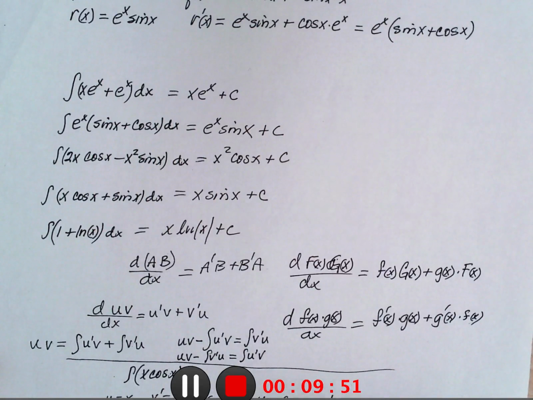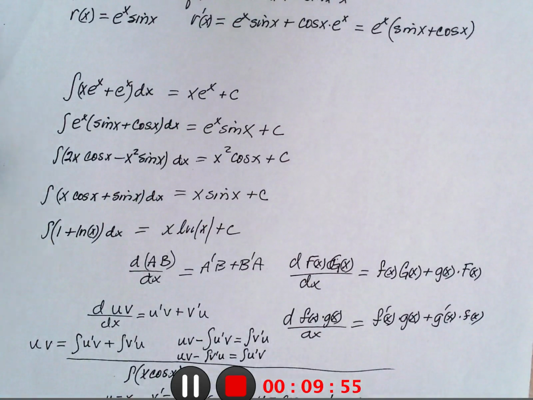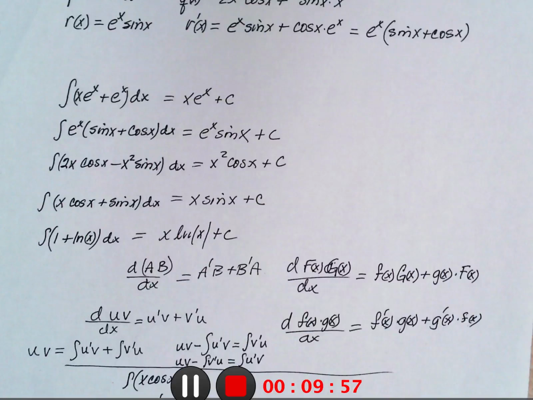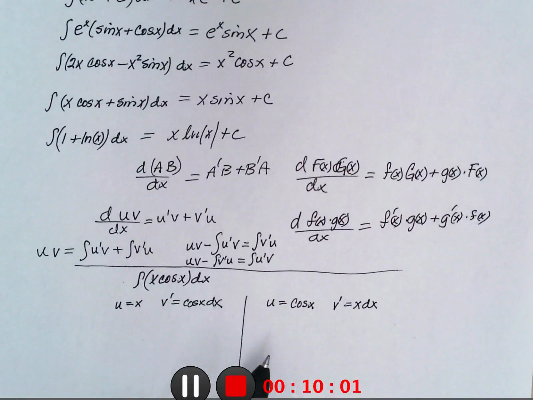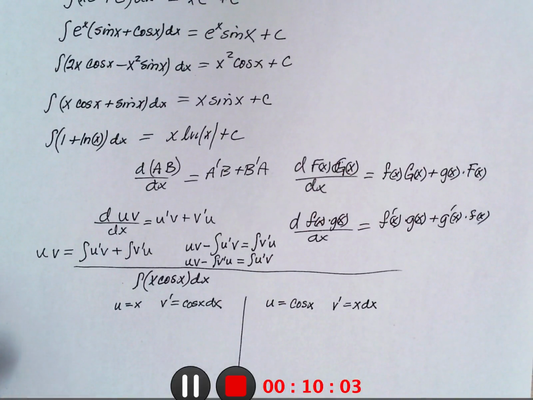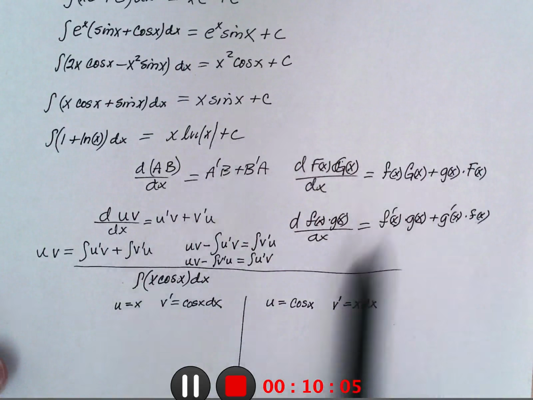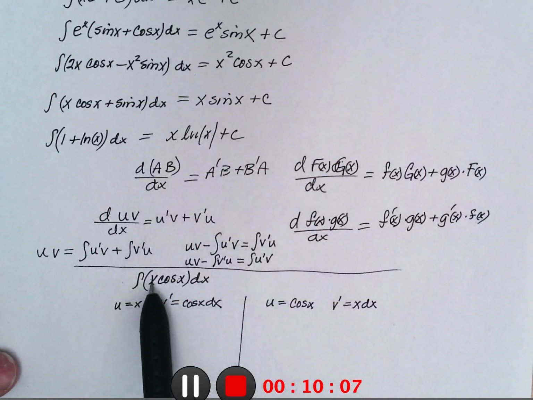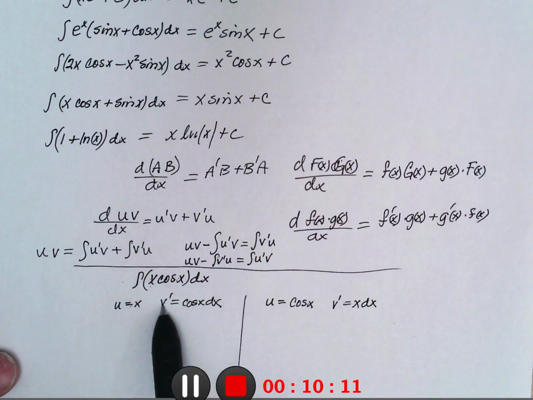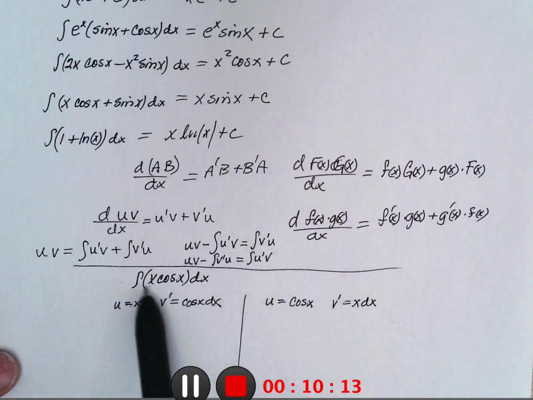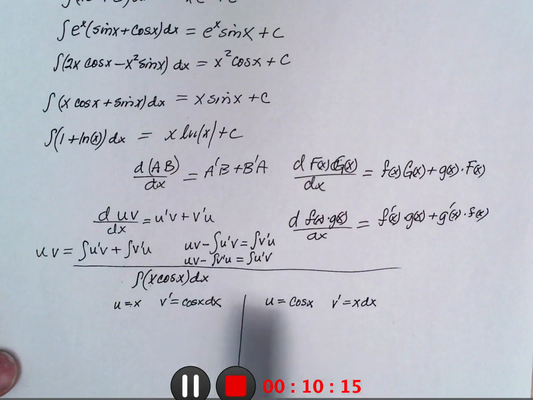So we got two ways to start this one. I want to talk about the advantages of each of these. So we got the choice of letting U be x and then the rest of this being V prime, or letting U be cosine x and the x dx being V prime.